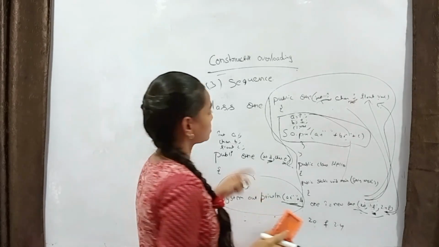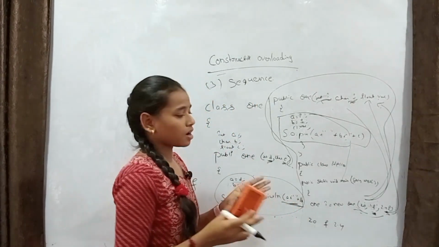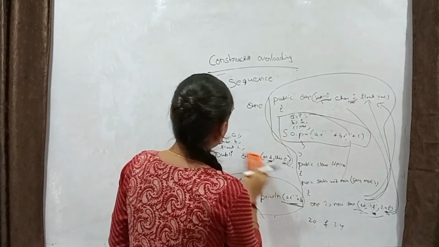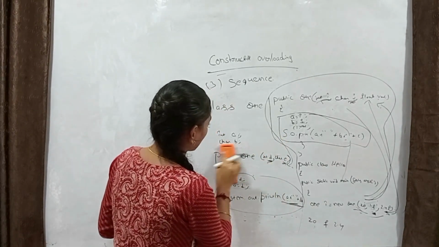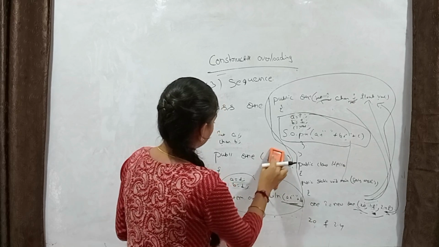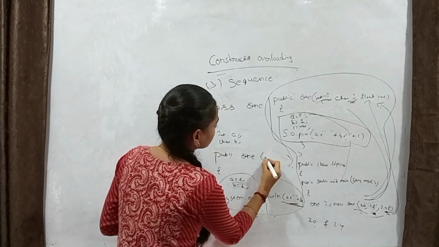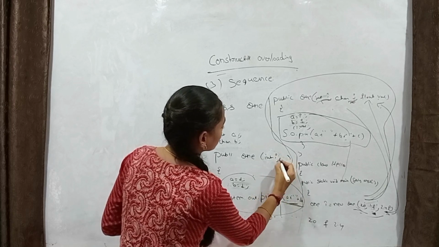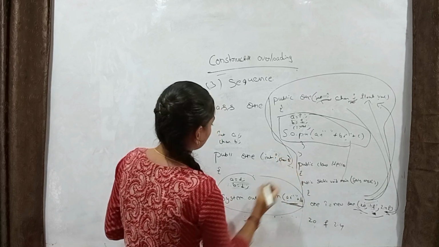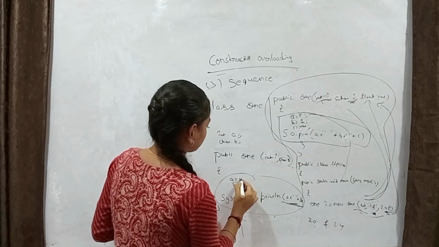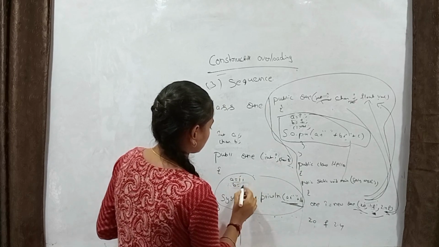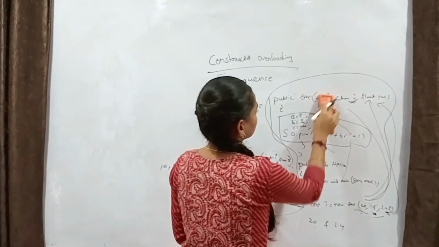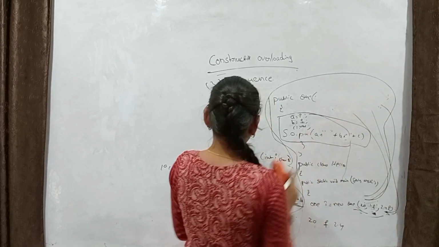So here sequence constructor overloading means changing the order of parameters. If I take here two values, int i comma char j, and here I reverse the order of parameters. Just I reverse.